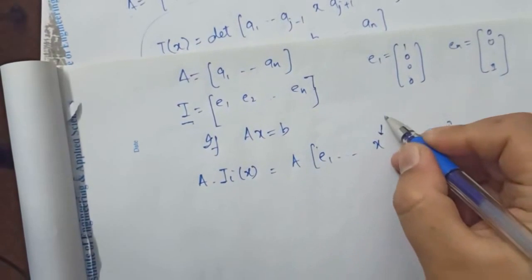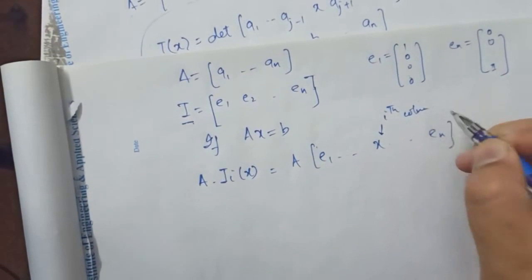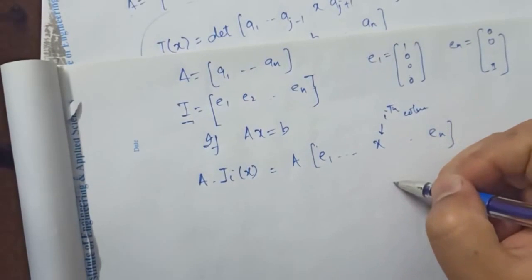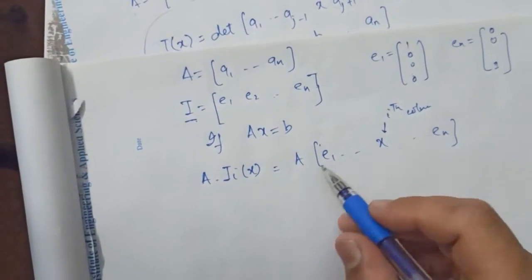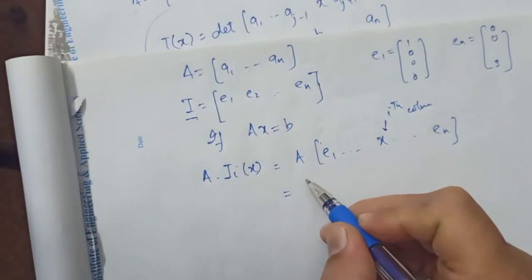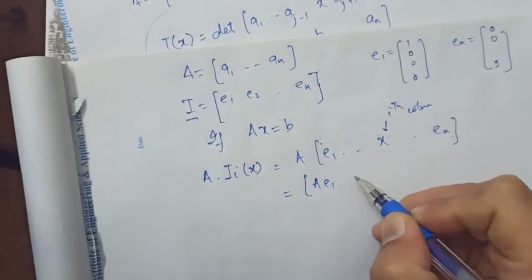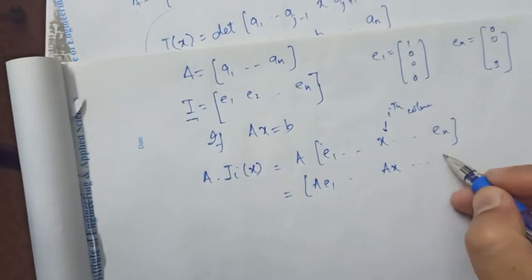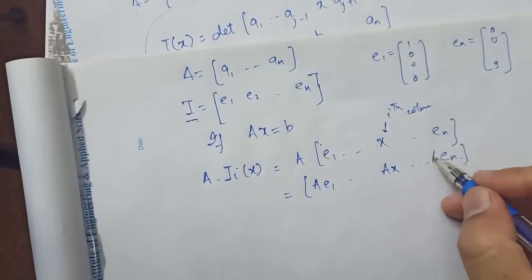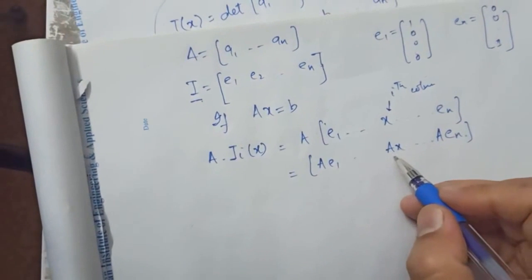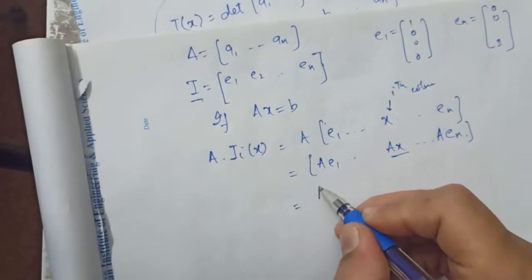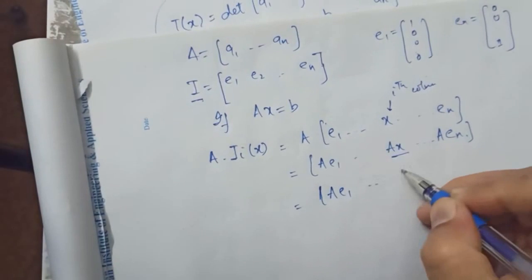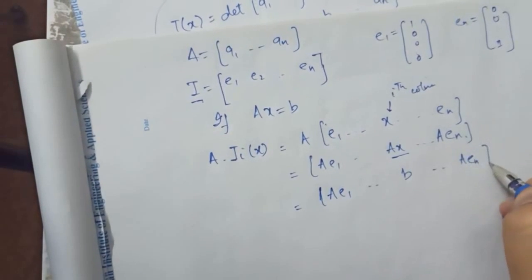Of course this is the ith column. It means this ith row entry is 1, and the rest of them are 0. Now from the multiplication point of view, I can write this as A times e1, A times x, and A times en. Now we know that Ax is nothing but b, so I can write this as Ae1, b, and Aen.